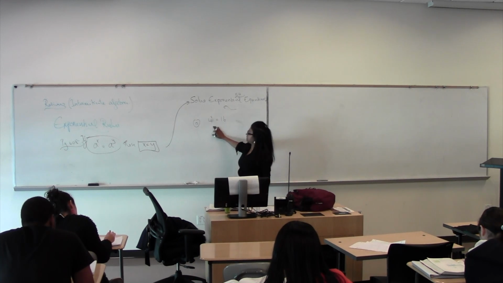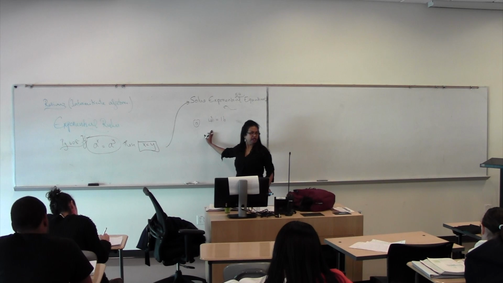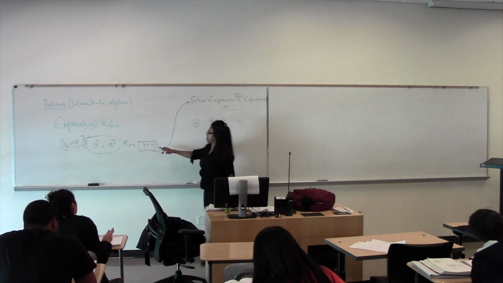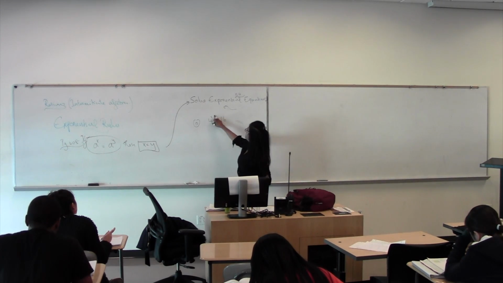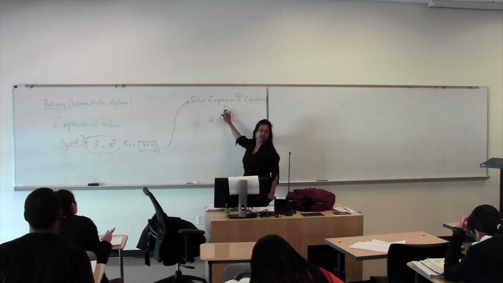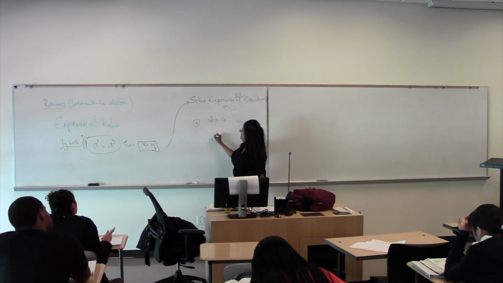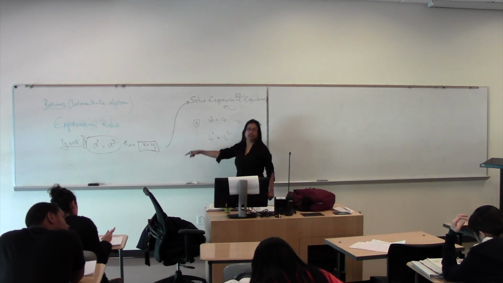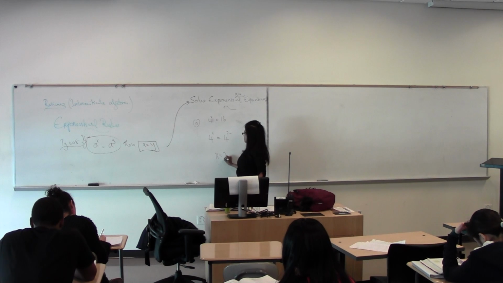If we can convert this to look like the rule, then we know how to solve it. The bases need to be the same. So how do you convert 16 into 4 to the power something? 4 squared. Now all you have to do is use the rule, so x is equal to 2. That's it.